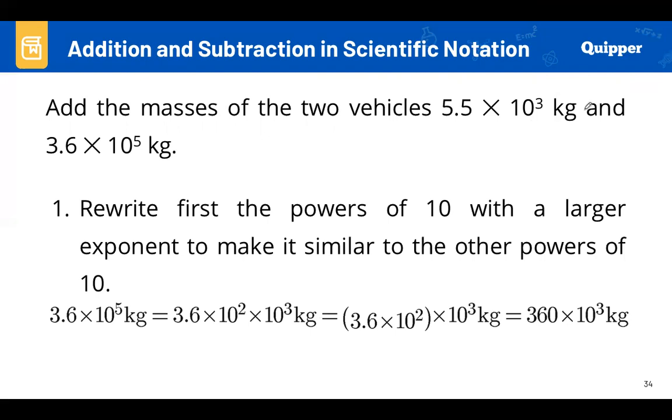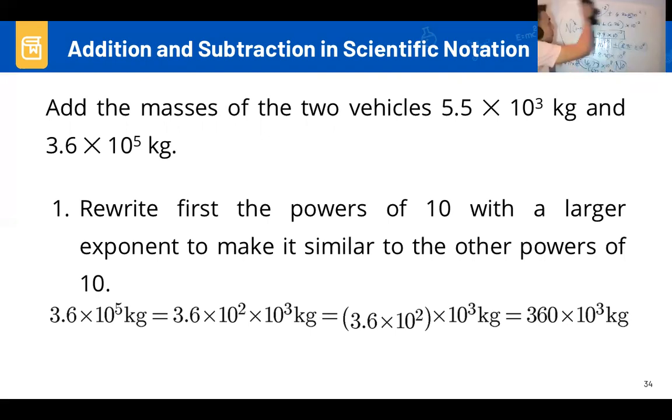So para mas maintindihan natin, I will write also here. All right, here we have 5.5 times 10 raised to 3 and plus 3.6 times 10 raised to 5.